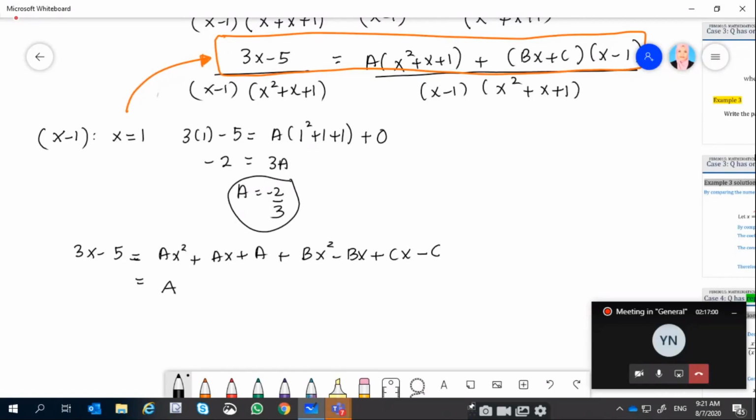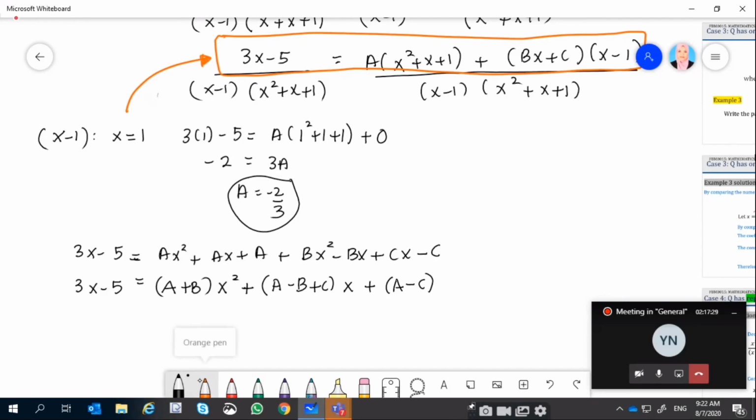The coefficient of s squared is a and b. The coefficient for s is a, minus b, and plus c. And the constant is a and minus c.